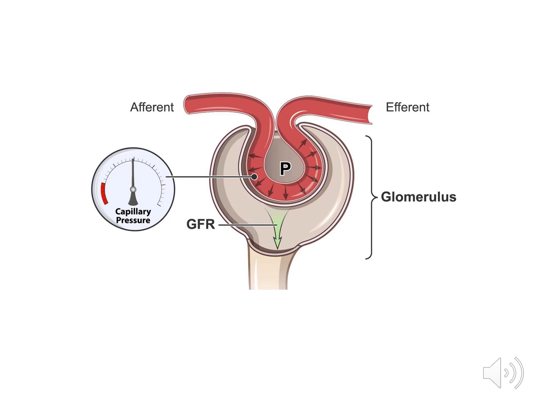And the reason why you care about the pressure in the glomerulus is because the higher the pressure, the more stuff is going to get pushed out of the glomerulus into Bowman's space, and the more filtrate you're going to make. So the higher the pressure inside the glomerulus, the more filtrate you make.